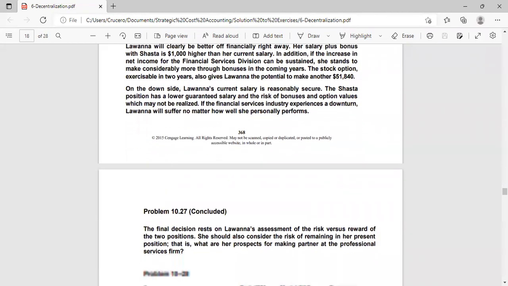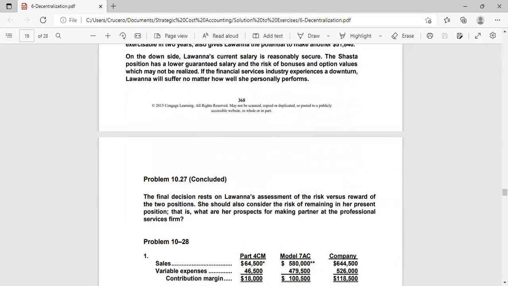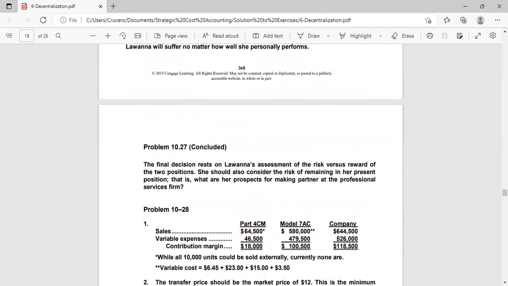So in other words, it's questionable with regards to bonuses and options because they may be subject to decreases. The final decision rests on Lawana's assessment of the risk versus reward of the two positions.